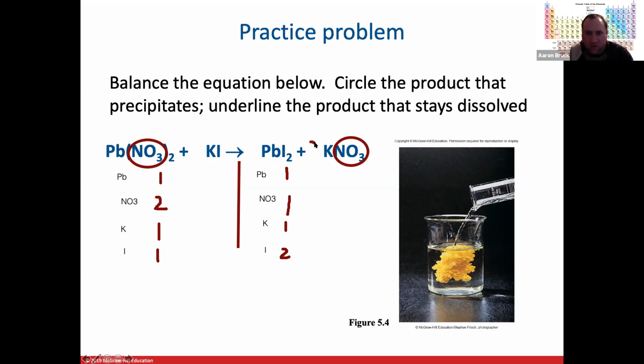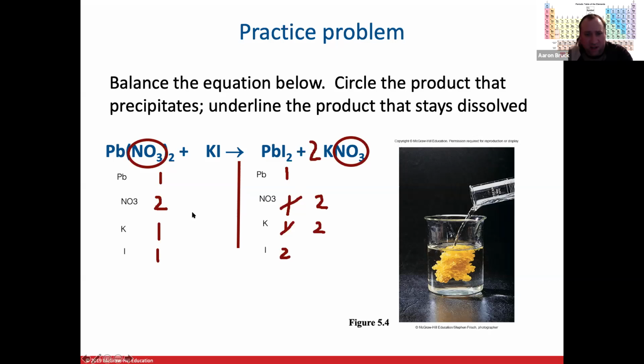So I put a 2 in front of the potassium nitrate on this side. That means my nitrates go to 2. My potassiums also go to 2. And as I highlighted on Friday, this is usually what happens in replacement reactions when I go to balance them.